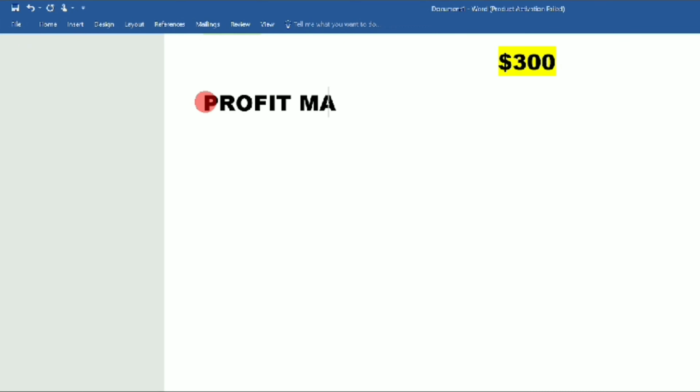Now let's look at the profit margin for both A and B. Let's do the one for A first. Profit margin is equal to the profit, which is 300, divided by the revenue, which is given to us as 800. This is going to give us 0.375.